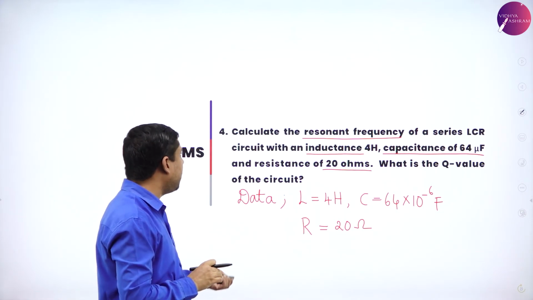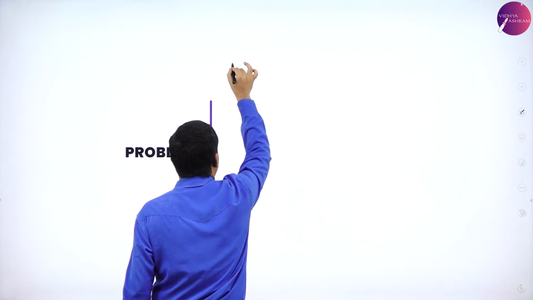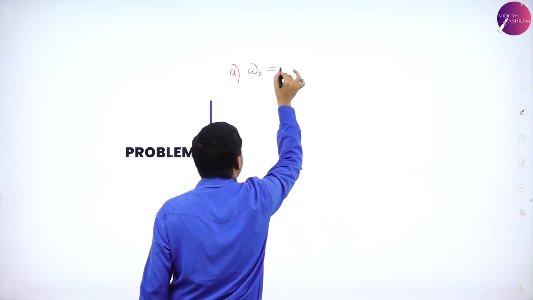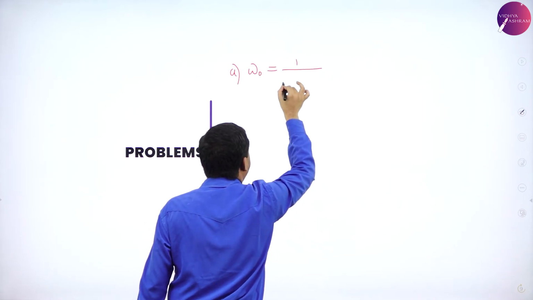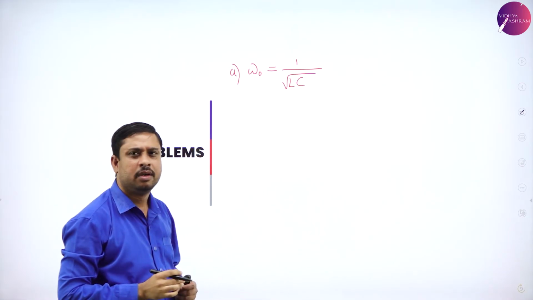First we will calculate the resonant frequency. Omega naught is 1 by root of LC.